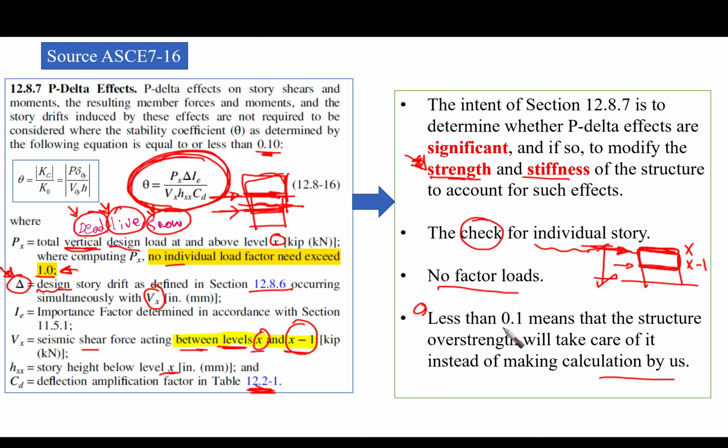So that's the importance of understanding why we put a minimum. If I ask you what is the reason for putting a minimum threshold there, the answer is because overstrength is going to take care of the P-delta. Okay, that's the answer for this.